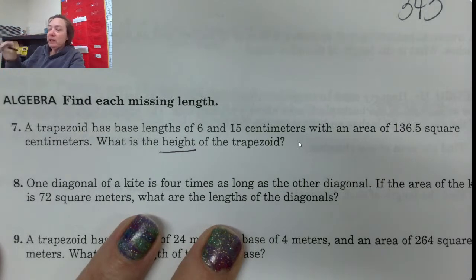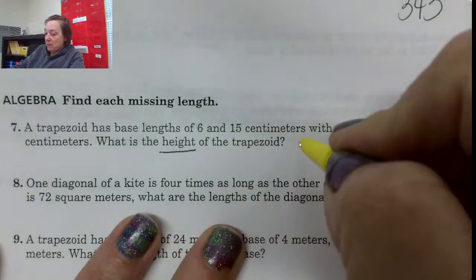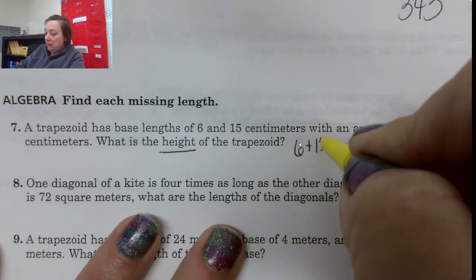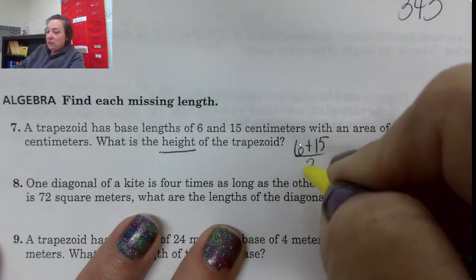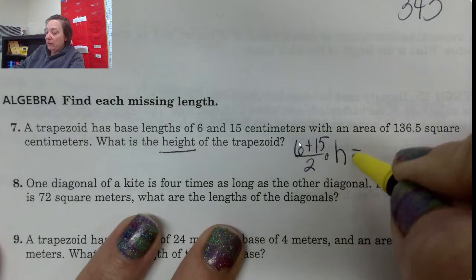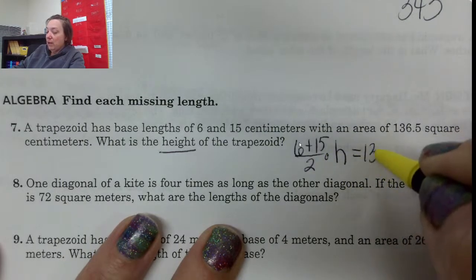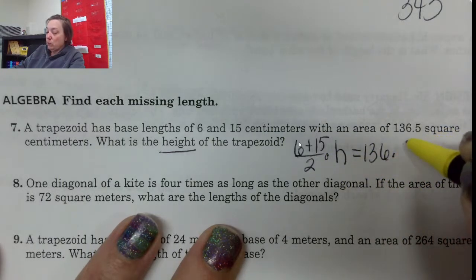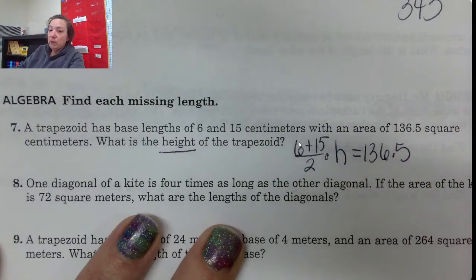You plug it into your equation and then solve. We know our bases are 6 and 15, we divide that by 2, and then we multiply that by height, and that's going to give us our area of 136.5.